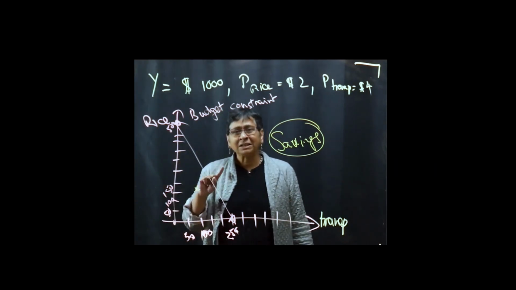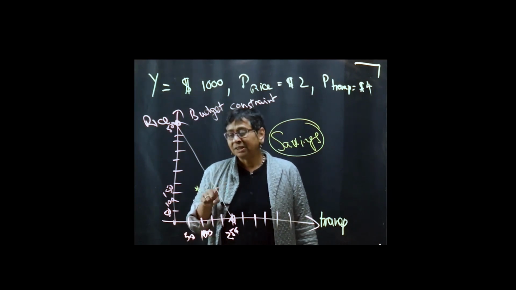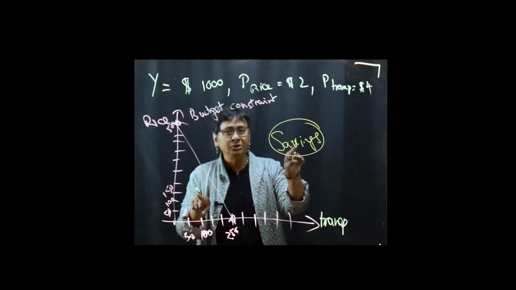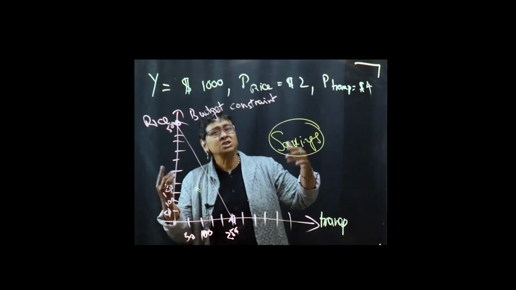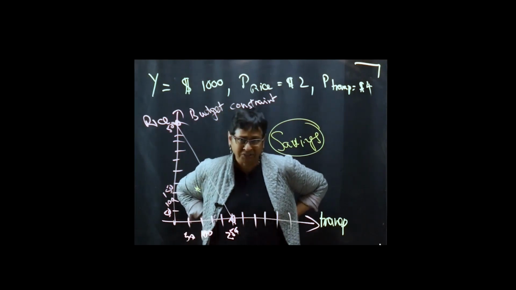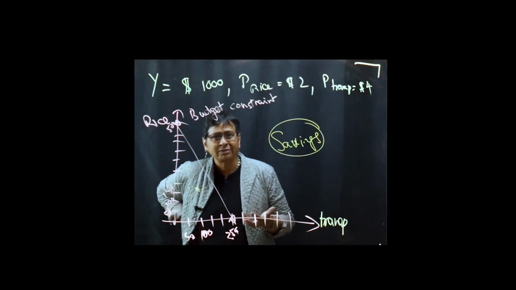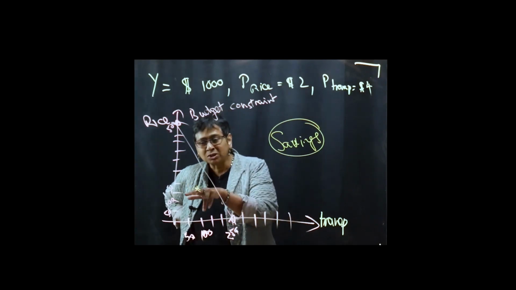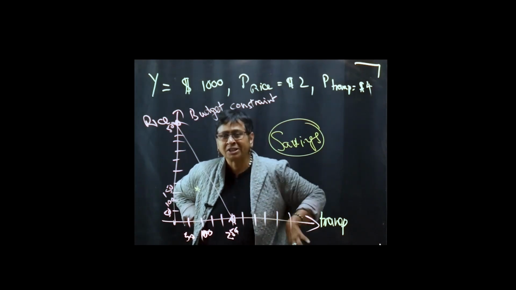In this perspective, just one person, just one consumer, if they are saving, it's going to go into financial markets. When you come to input markets, and especially when you come to macroeconomics, where we ask the question, what happens when people do savings? When people don't spend all of their income? We're going to get very interesting answers.